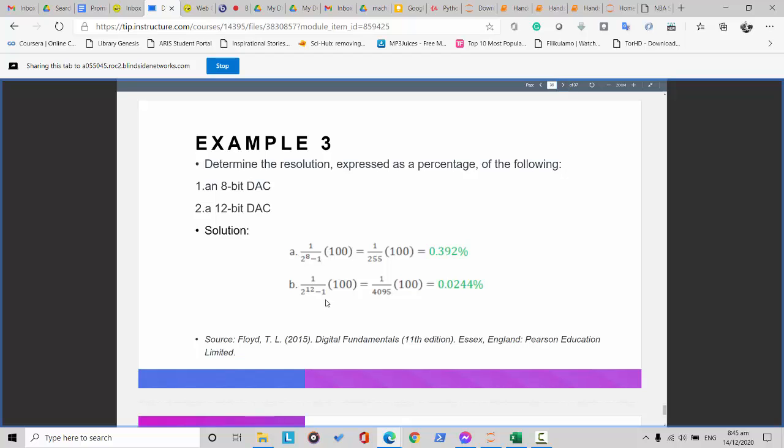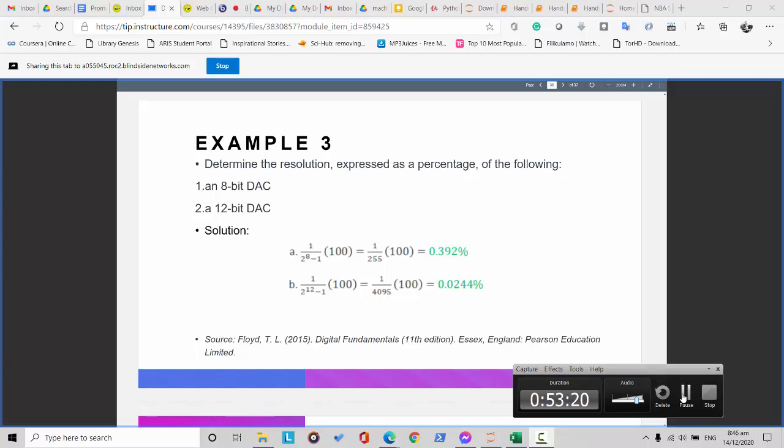The higher number of bits we have, the lesser is the resolution percentage. All of the references that you saw are coming from this book. Okay? So I think this is the end of this topic.